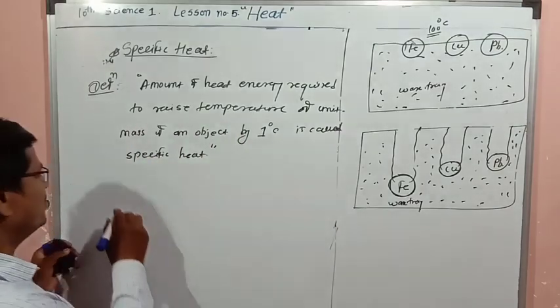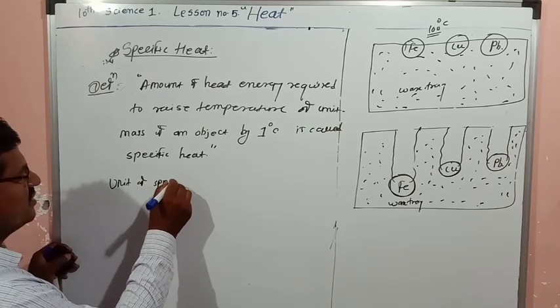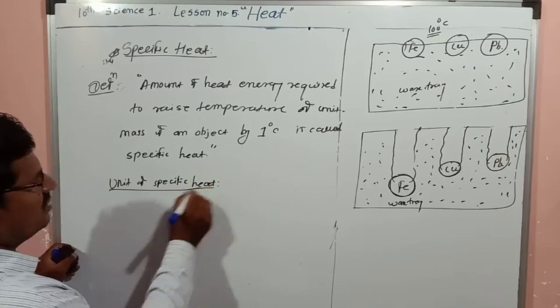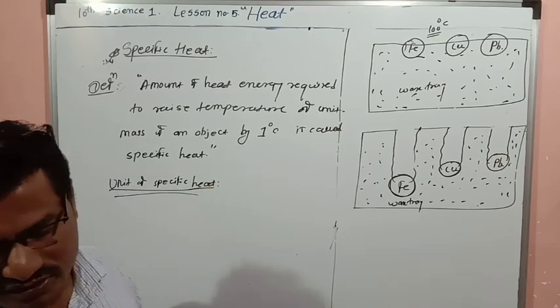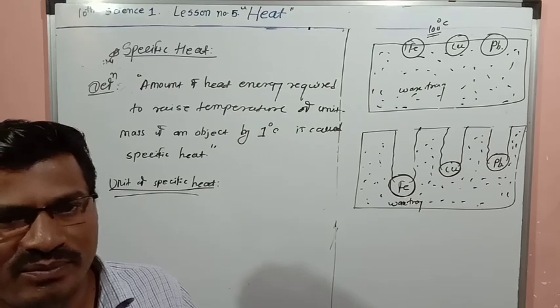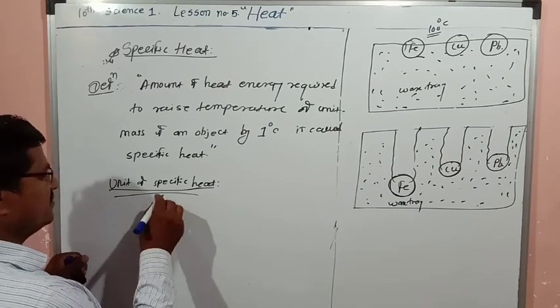Now the next point is the unit of specific heat. What is the unit of specific heat? It is calorie per gram degree Celsius.